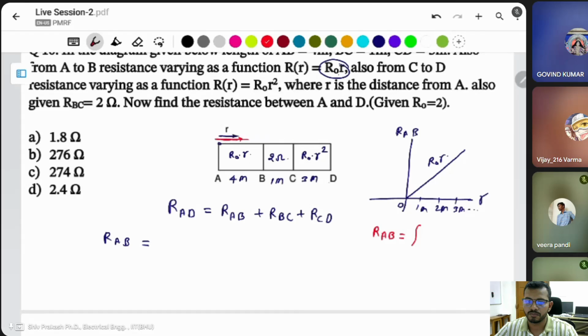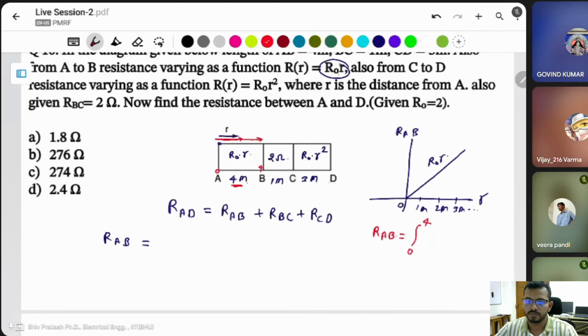If you go farther from A, then resistance will be increasing. That's why this is the phenomenon. Then we have to integrate from 0 to 4 meter. This is a 4 meter channel.